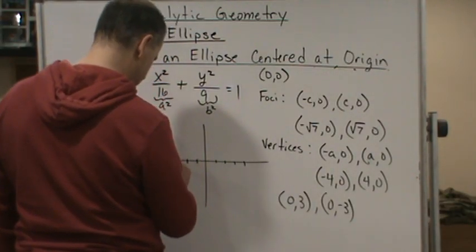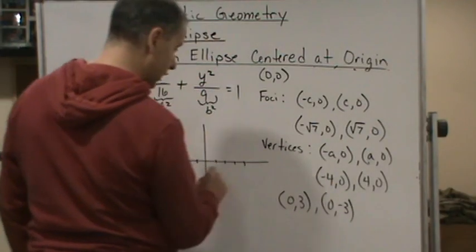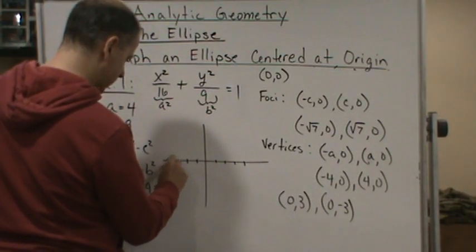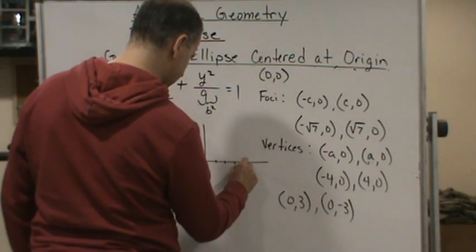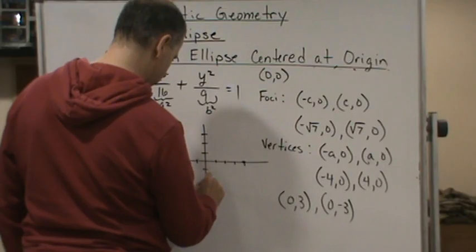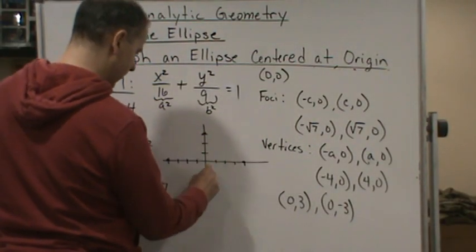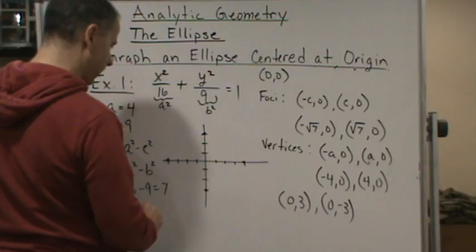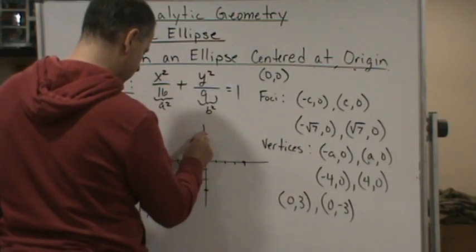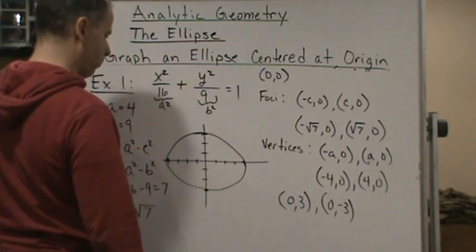So we've got vertices, right? So that one vertex is here, the other vertex is here, and then what do we got? We got 1, 2, 3, 1, 2, 3, right? So we've got another vertex here, another vertex here, and so we know it's going to look something like that.